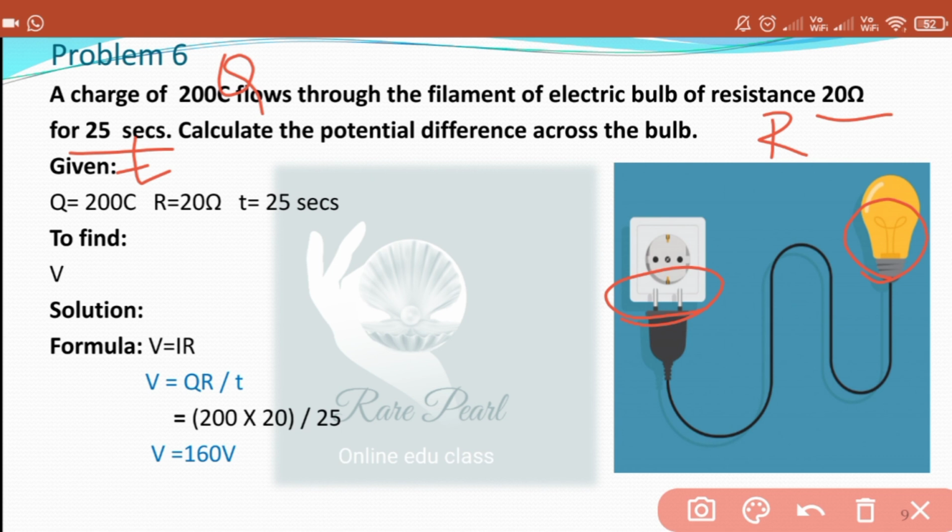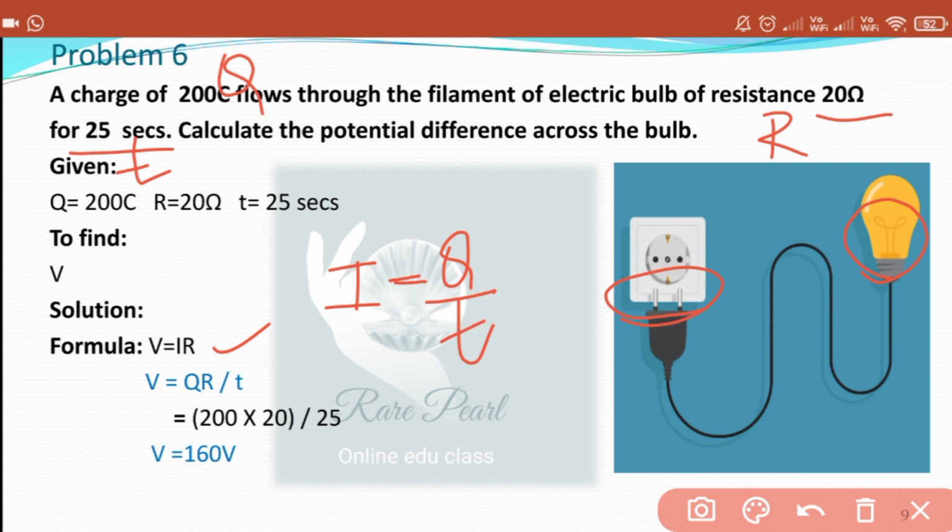We need to write the expression relating all these terms. We know V is equal to I into R. But we have not been given the value of current, but we have charge and time.